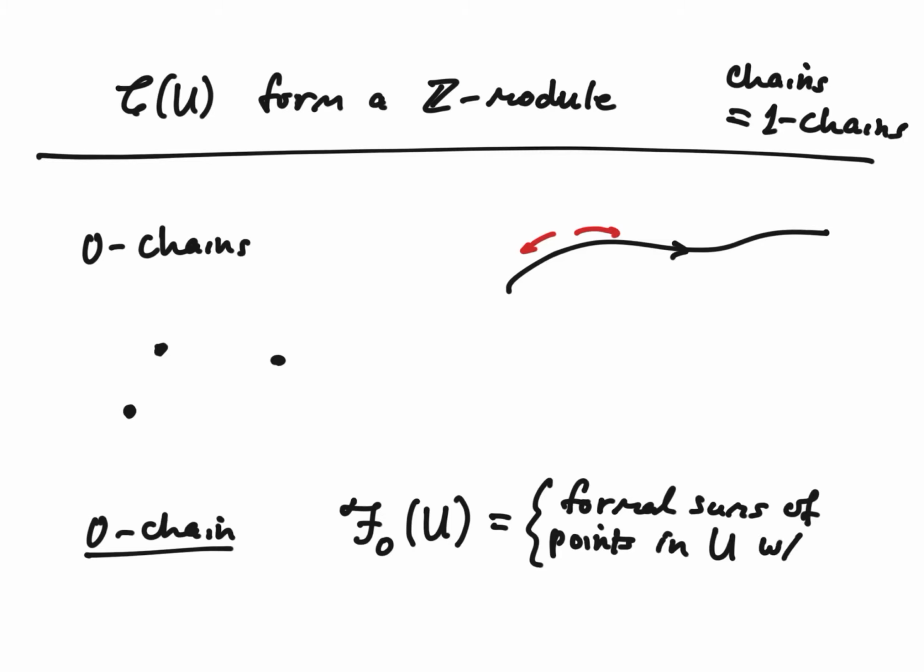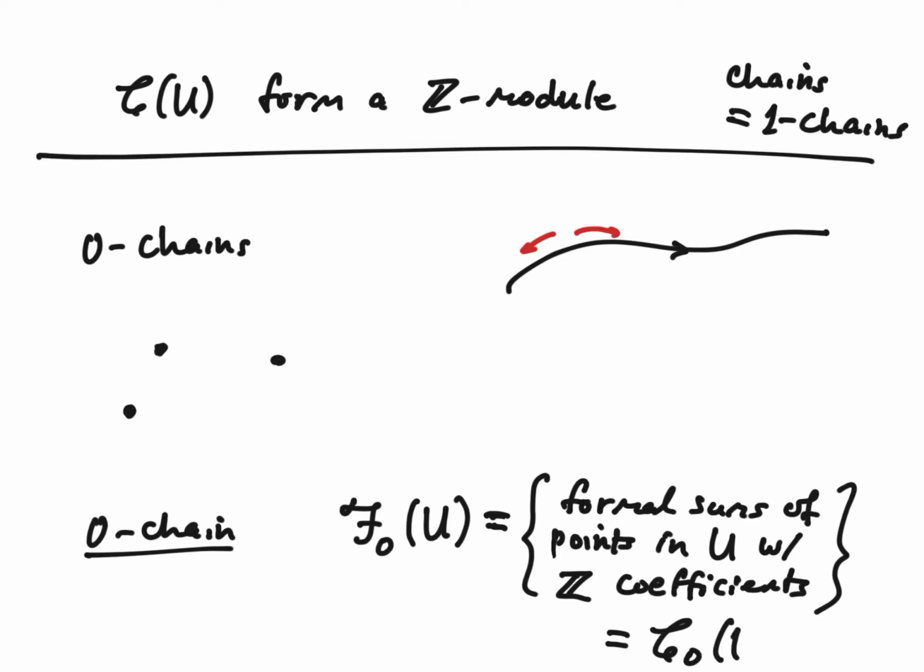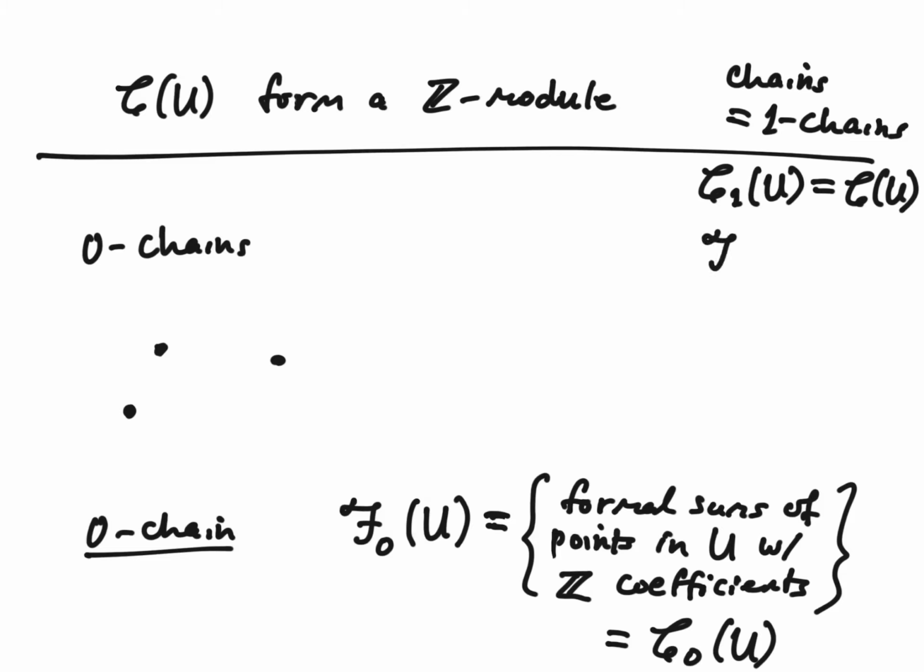Okay, so you take all formal sums with, again, integer coefficients. Those are the formal sums, but I'll also call those zero chains, which I'll write this way. And then in order to distinguish the one-chains, I'll also introduce this notation, C1 of U, for what I previously called C of U. For completeness, let's also introduce this notation, F1, for what I previously called F, just formal sums of paths.